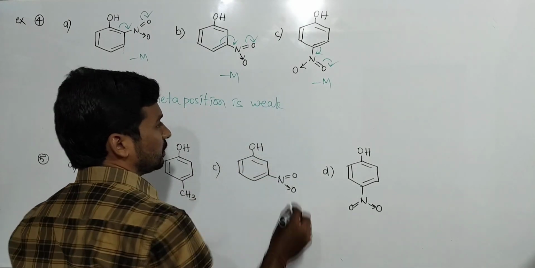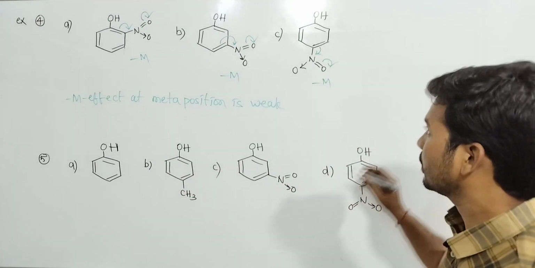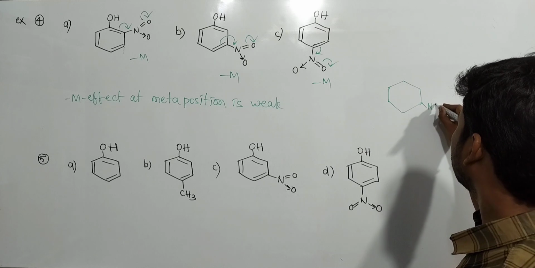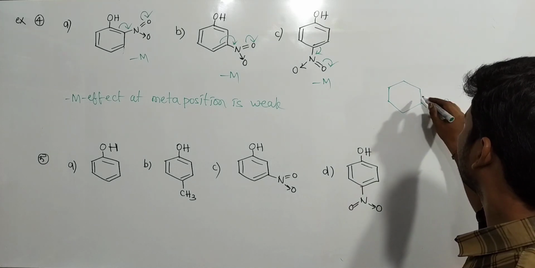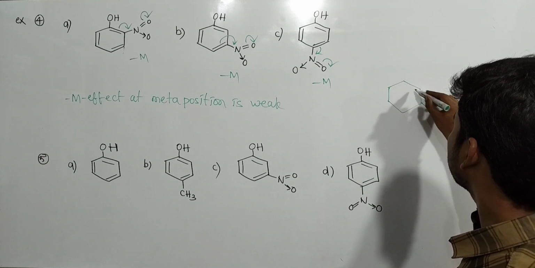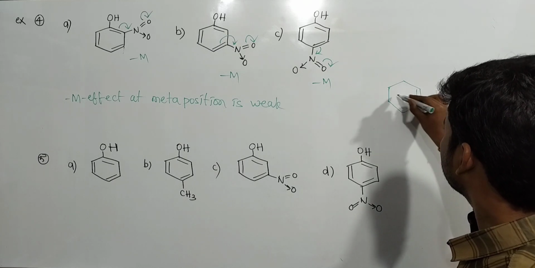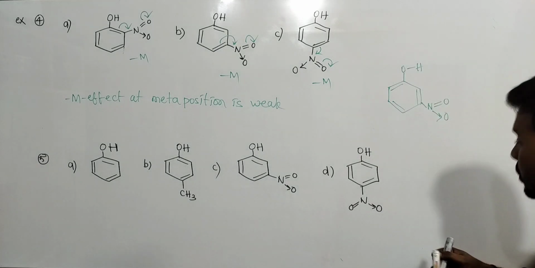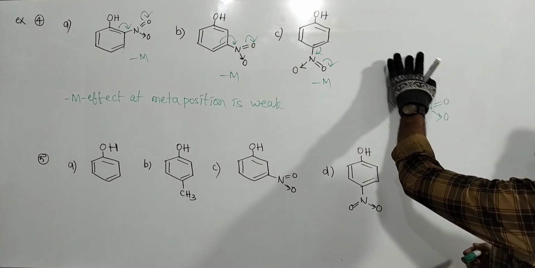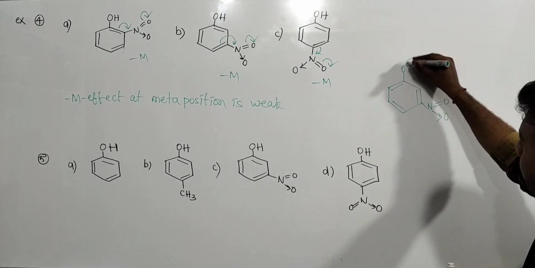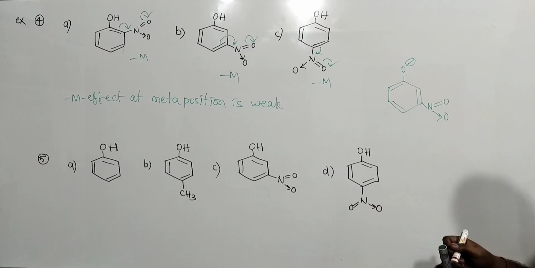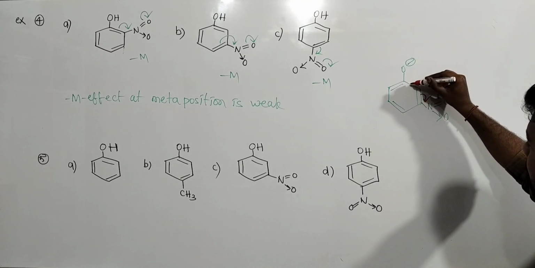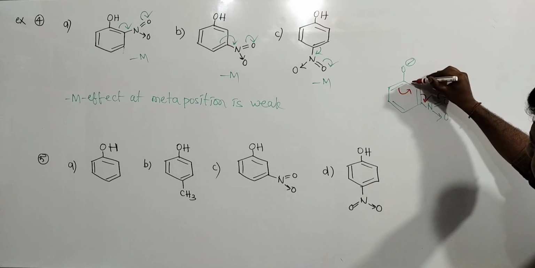Why is it weak? See here, why is it weak? So how do we explain? See this one. If it's anion, conjugation is like this. This group comes here.